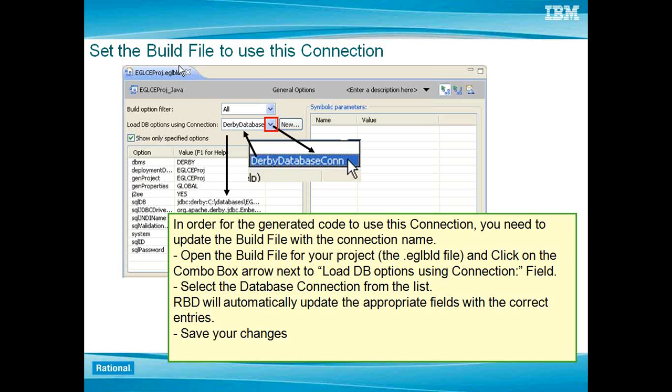We specify different properties. For example, let's say J2EE property is equal to yes, means this project is going to generate Java code. Or there is a system property where we are specifying that this project is going to be running on Windows mainframe, I series, AIX, or some other Linux, Unix, or other system.